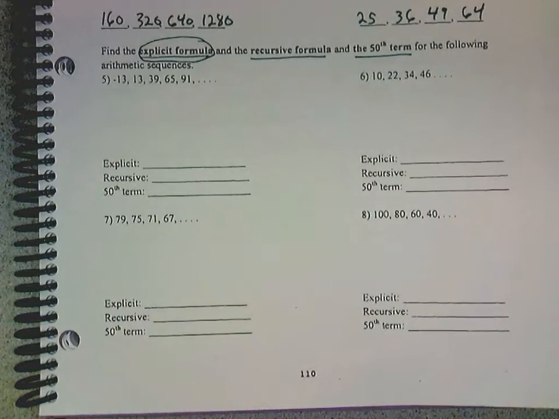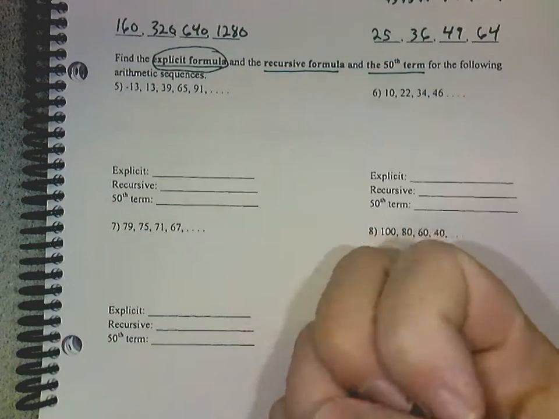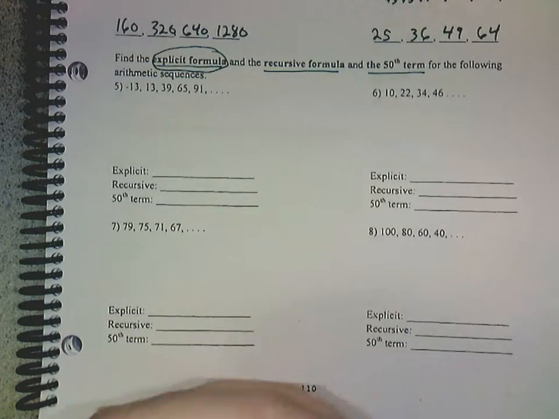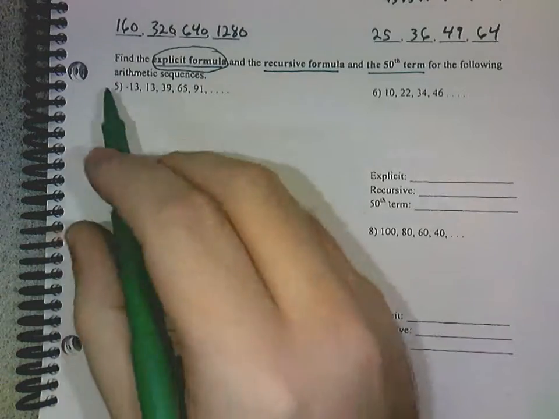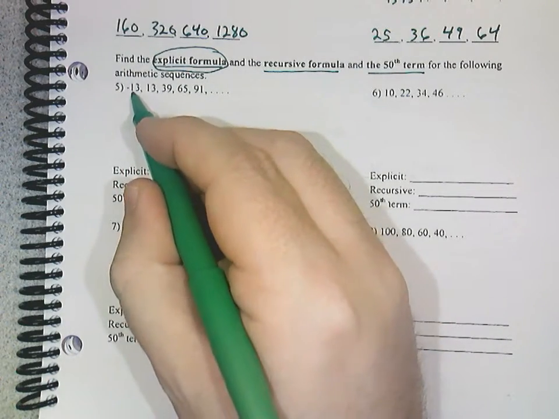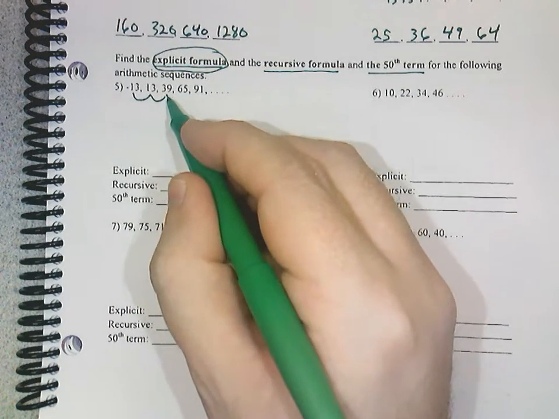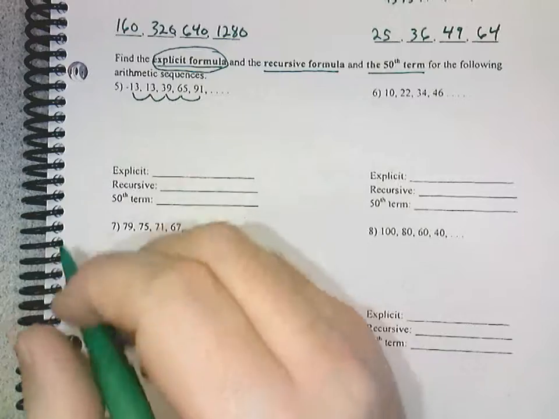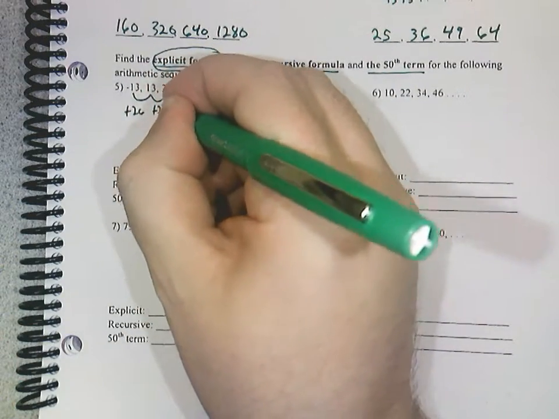Okay? So first of all, let's look at these sequences. We need to establish two things to come up with the formulas. We needed the common difference and the zero term. So let's find the common difference first. So this is number 5 here. So it goes from negative 13 to 13, and then from 13 to 39, 39 to 65. Each time it is going up by 26. You are adding 26 each time.